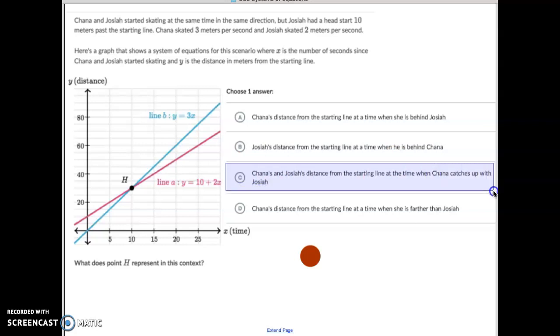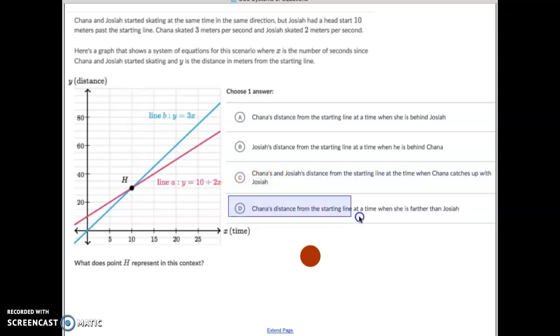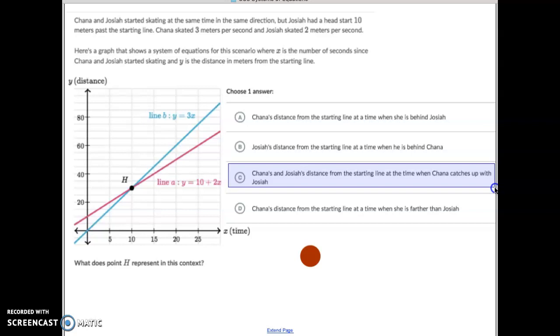When two people catch up to each other, they're both at the same point. So that would mean something that means the same as. And this one, China's distance from the starting line at the time she's farther than. We don't want farther than. We don't want behind. We want when they are at the same spot. Something that means the same or the intended amount. In this case, letter C does.